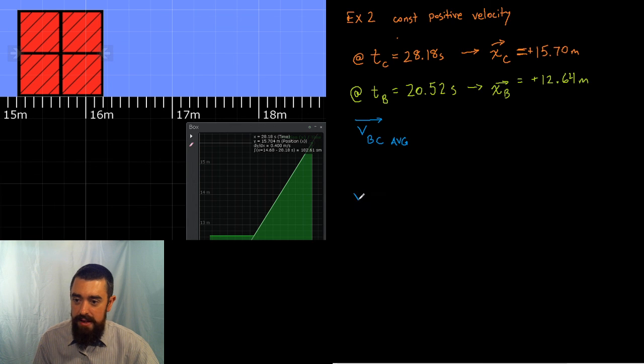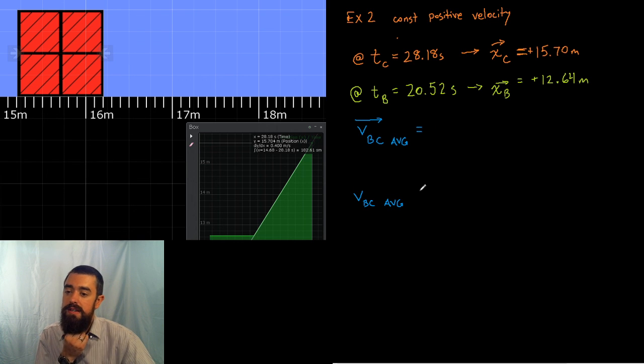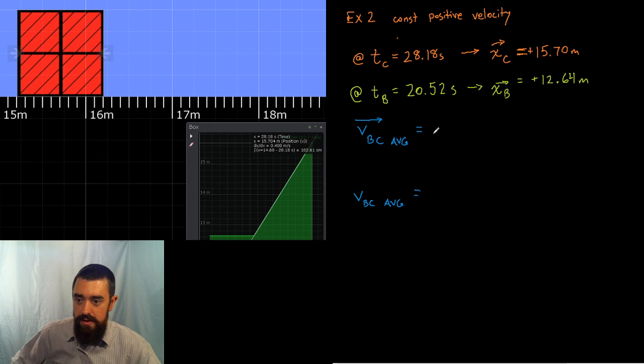And let's calculate the speed, B, C, average. Okay. And that's good. So how will we calculate this?